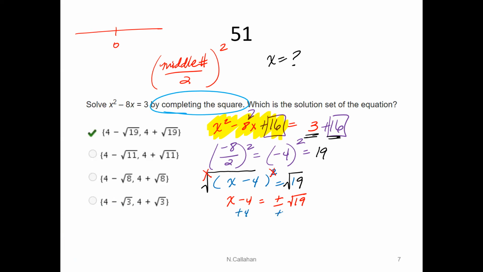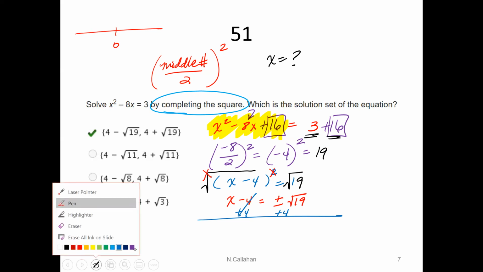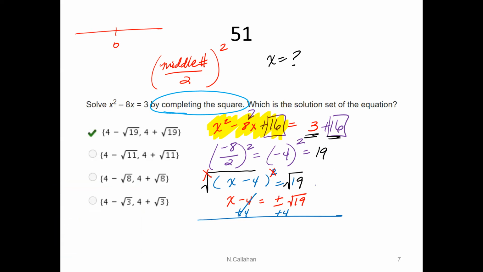So let's go ahead and add 4 on both sides. And then I'm going to cross out that negative 4 and a positive 4. And I just have x is equal to, the first one I'm going to have is a 4 plus the square root of 19. And then your second one, instead of a plus, what is it going to be?